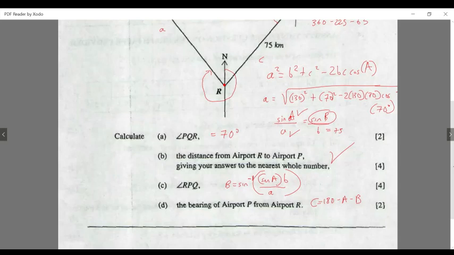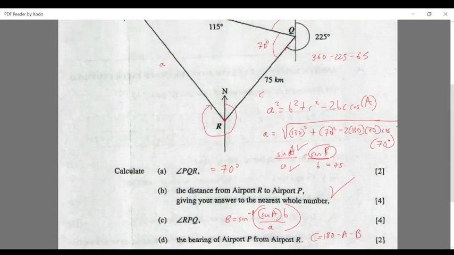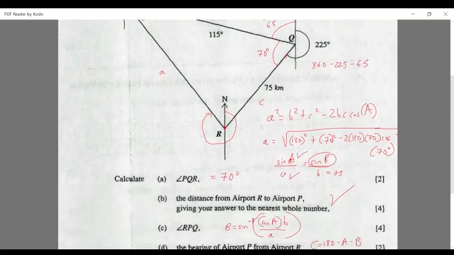And the bearing of airport P from R is just 360 minus C. And then it would be simple plug and chug. You essentially solved this problem.